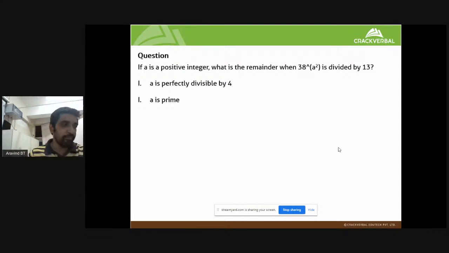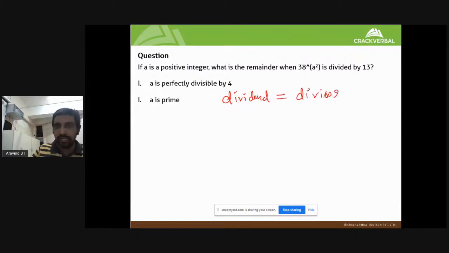All right, that's time. So there is one crucial element that I want to discuss in this question. Whenever you have a remainder question, try to express the dividend in terms of the divisor, which means try to express 38 in terms of 13 or some multiple of 13.